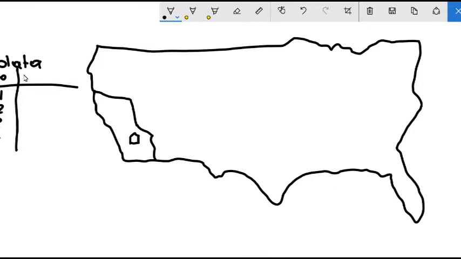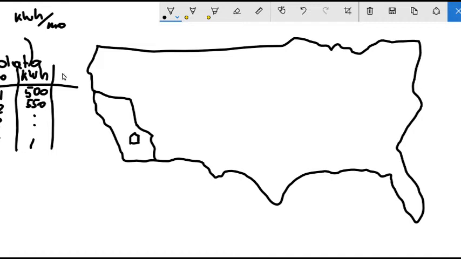We need to know how many kilowatt hours you consumed per month. So this might be like 500 here, then 550, and so forth, right? So we have a table of that, and I would have written here kilowatt hours per month, right?